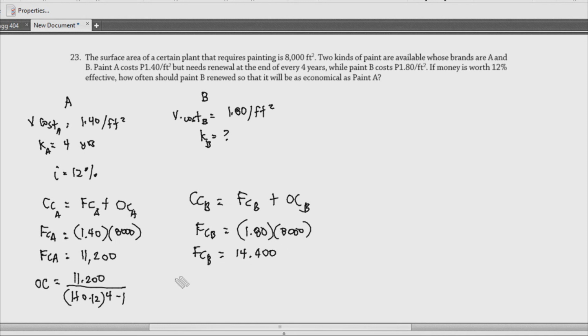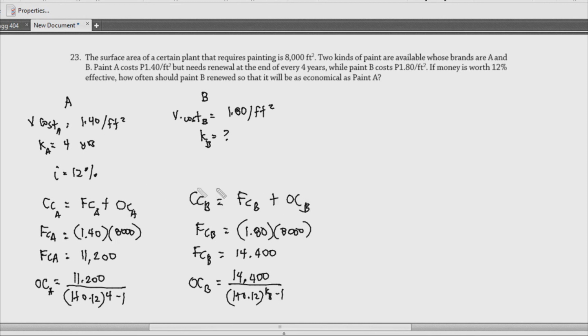Now, itong 14,400 na to, if you want to find the operational cost for every 4 years, then we have, for every K period, so we have 14,400 divided by 1 plus 0.12 raised to K minus 1. And then we need to find this KB na ito.